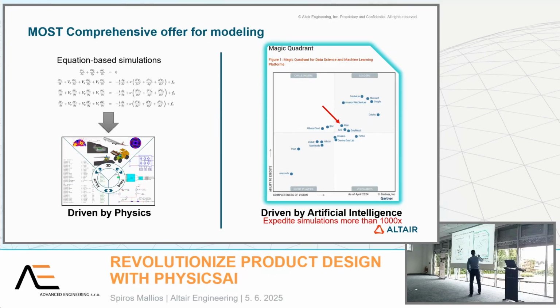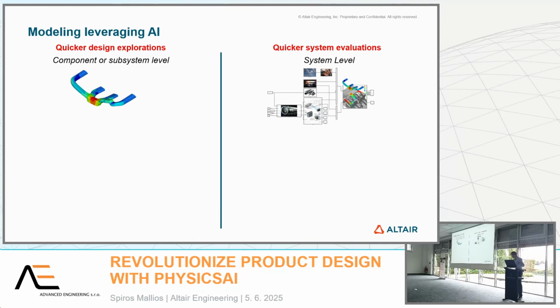So basically what we are showing here is that Altair is, in terms of vision and in terms of our ability to execute, on the top right-hand side, which actually means a lot to us because it recognizes us as a key player in the business of data and artificial intelligence. And it's something that you can use as reassurance that we are certified by third parties in this domain.